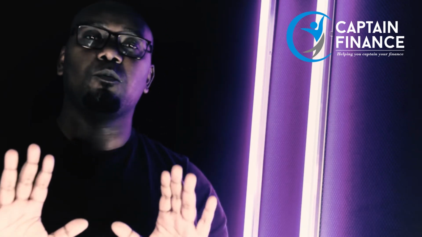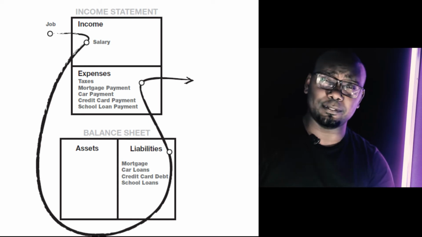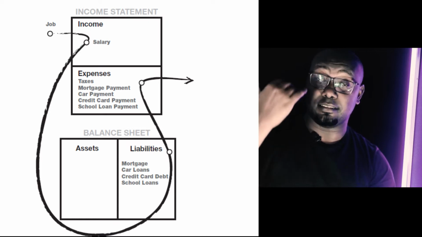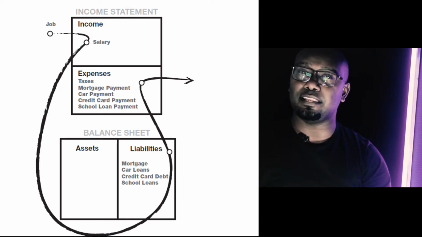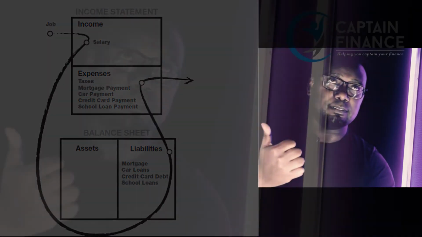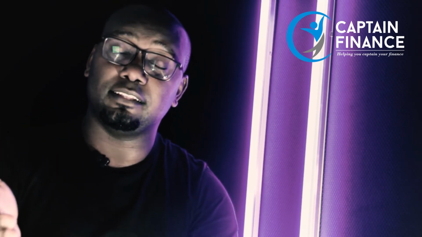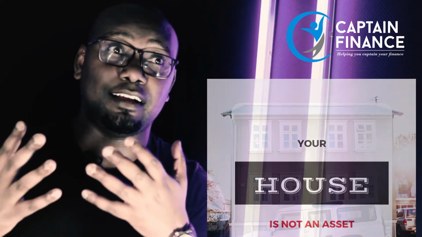Now, what does the cash flow statement of the middle class look like? The middle class is anyone that has income, has expenses, and tends to have liabilities that they call assets. Early on in 1998, a guy called Robert Kiyosaki introduced the idea that your house is not an asset. And for a very long time, the entire financial industry laughed at him.